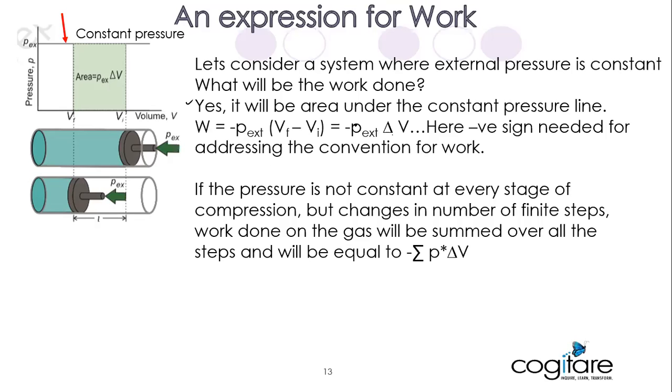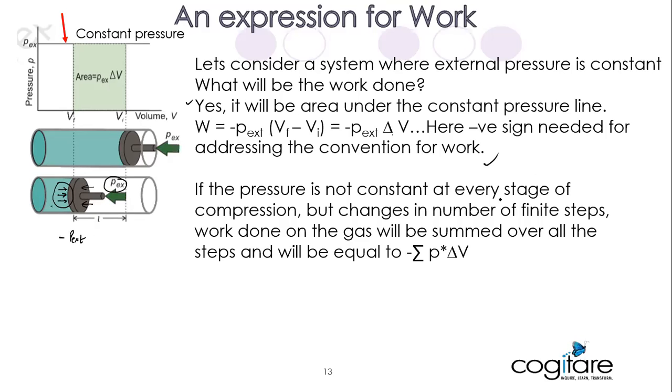But another good way I have taught you now is this is the force applied by the gas, equal and opposite to the atmospheric pressure. If you want to use the language of P external, you will say this is minus P external. That's all. Okay, go ahead.